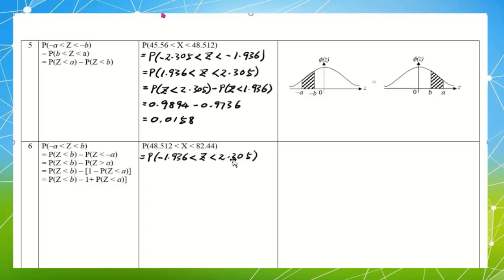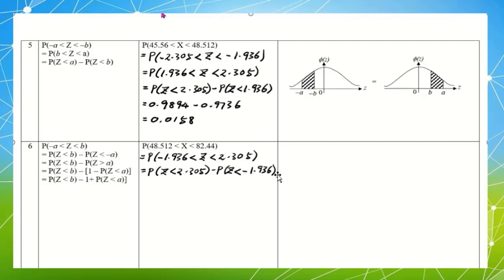Therefore, since it is one negative, one positive, we can directly separate into the probability z less than 2.305 minus the probability z less than negative 1.936. I notice that I'm ready to use the table for z less than 2.305, but I'm not ready to use the table for z less than negative 1.936 because it is a negative value.